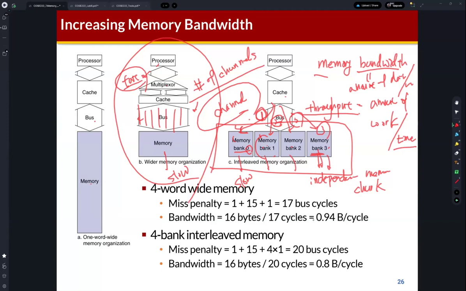We can increase the bandwidth. We do not increase the bus width, right? But in order to reduce the idle time of the slow memory, we can include multiple memory chunks, and each chunk is called a bank. And then the request is given to the different banks sequentially. So we can control the slow memory like this.